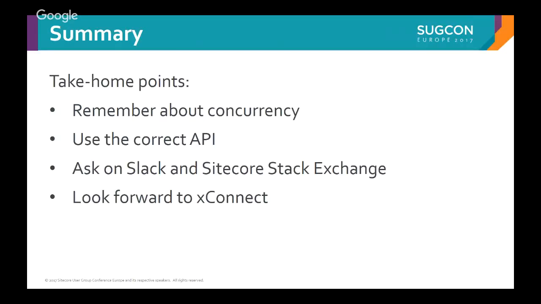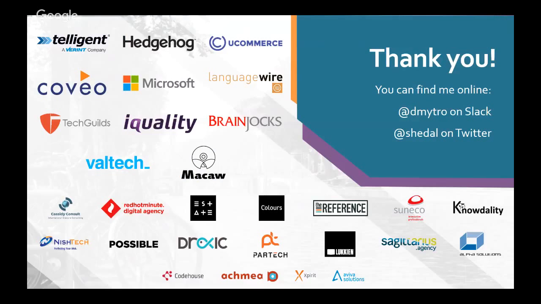If you have questions, there are Slack and Sitecore Stack Exchange. There's a lot of helpful people that know these things. And I'm going to look forward to xConnect to see what they are going to change about contacts. That's all I have.